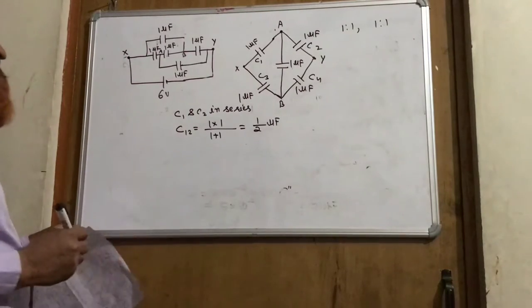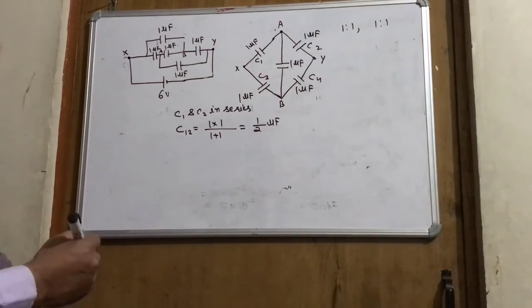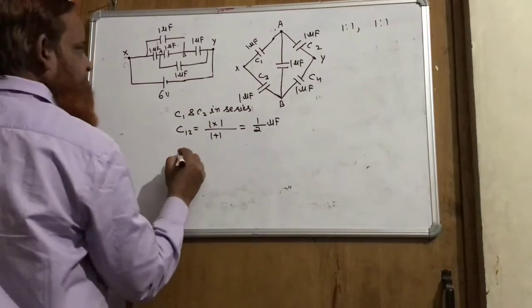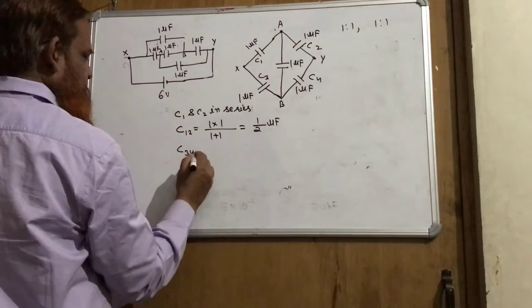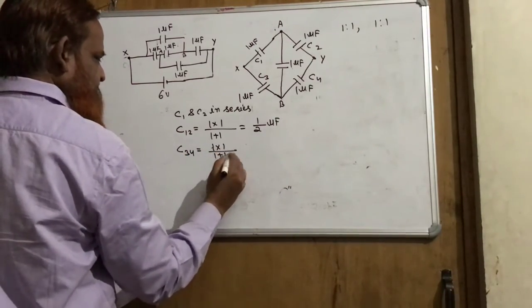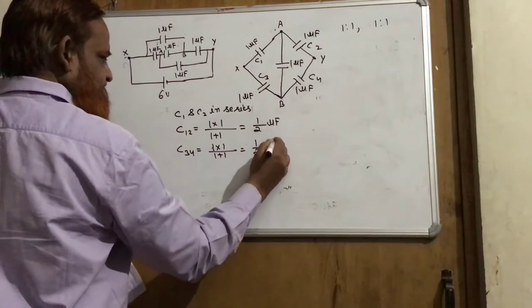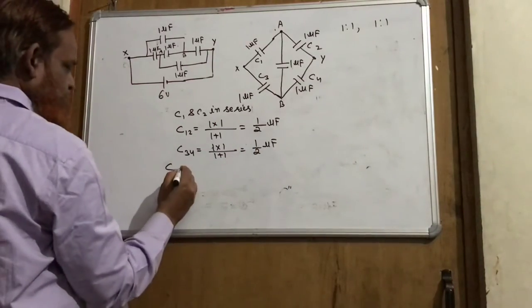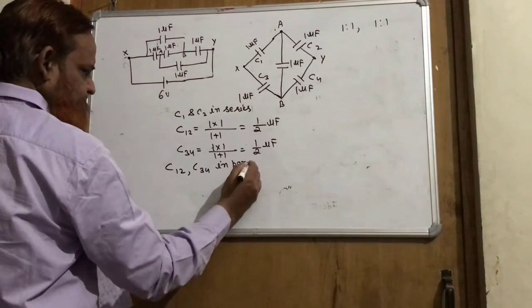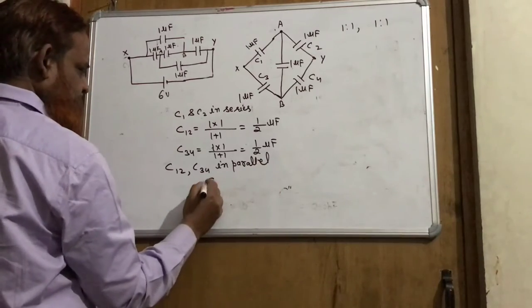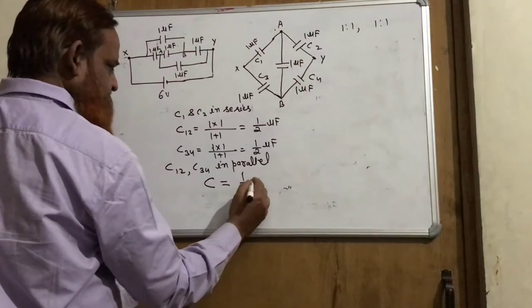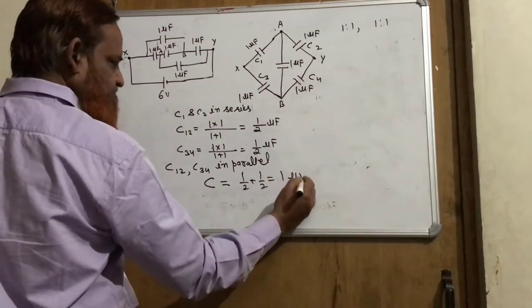If there are two capacitors in series, we can find it by product divided by sum of their capacitances. Similarly, C3 and C4 are also in series, giving 1 upon 2 again. Now C12 and C34 are in parallel. So the net equivalent capacitance C will be 1 upon 2 plus 1 upon 2, which is 1 microfarad.